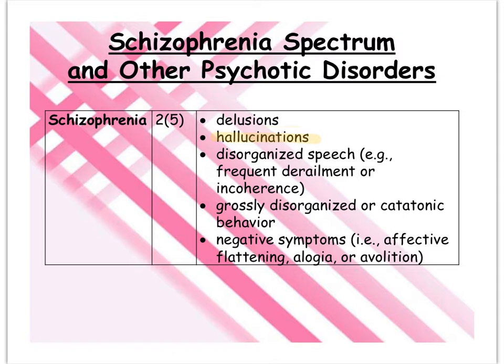Auditory hallucinations would be the most common in schizophrenia, where somebody hears voices or hears things that aren't there. The next most common would be visual, and other types of sensory hallucinations would be more rare. Like, you're not going to typically get tactile hallucinations unless somebody is using certain types of substances.